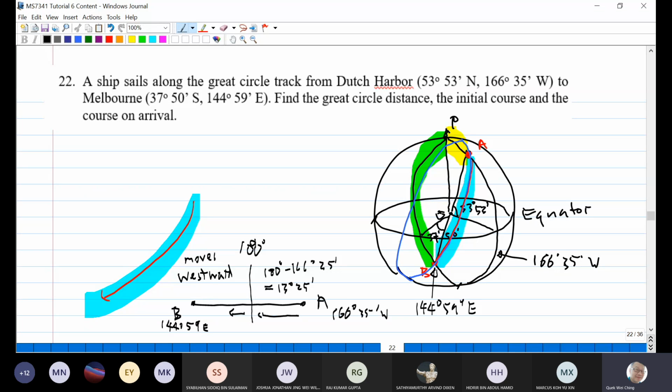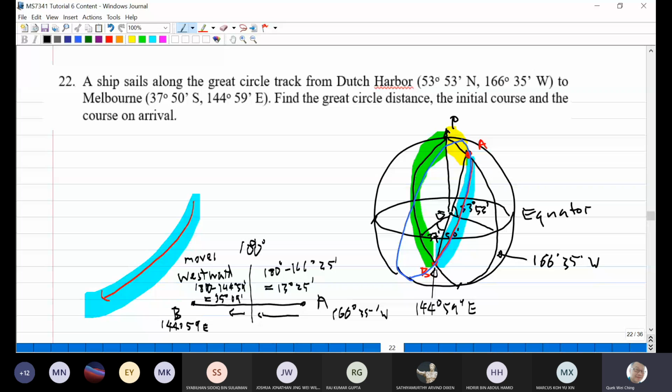So how much the angle this time is 180 minus 144 degree 59 minutes. So this is actually 35 degree 1 minute here.